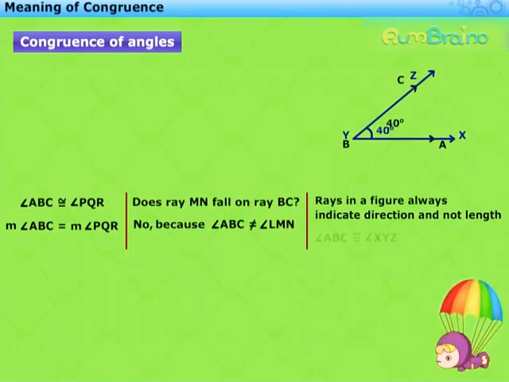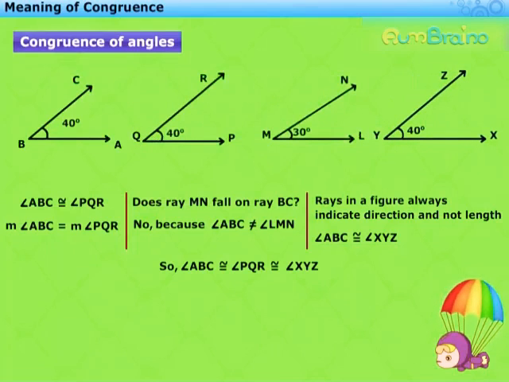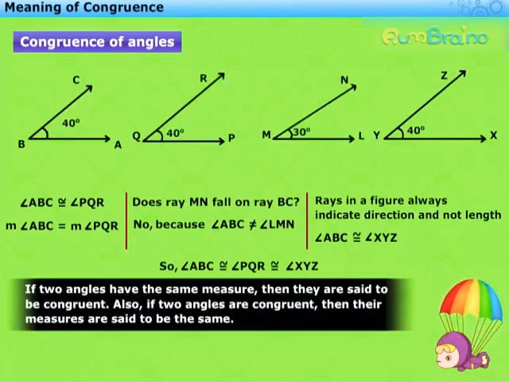Hence, we find angle ABC is congruent to angle XYZ, so we can say that angle ABC is congruent to angle PQR and angle XYZ. We may write: if two angles have the same measure, then they are said to be congruent. Also, if two angles are congruent, then their measures are said to be the same.